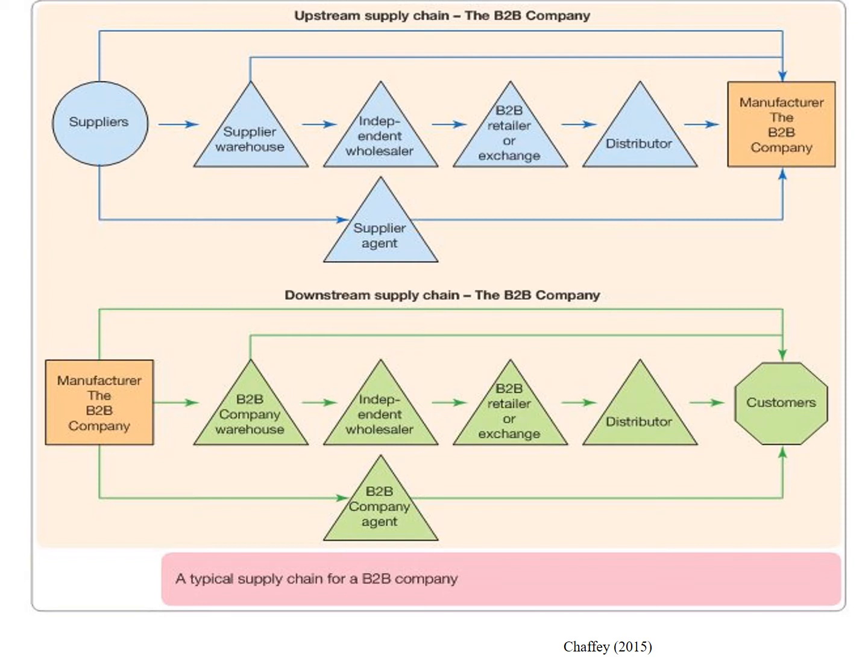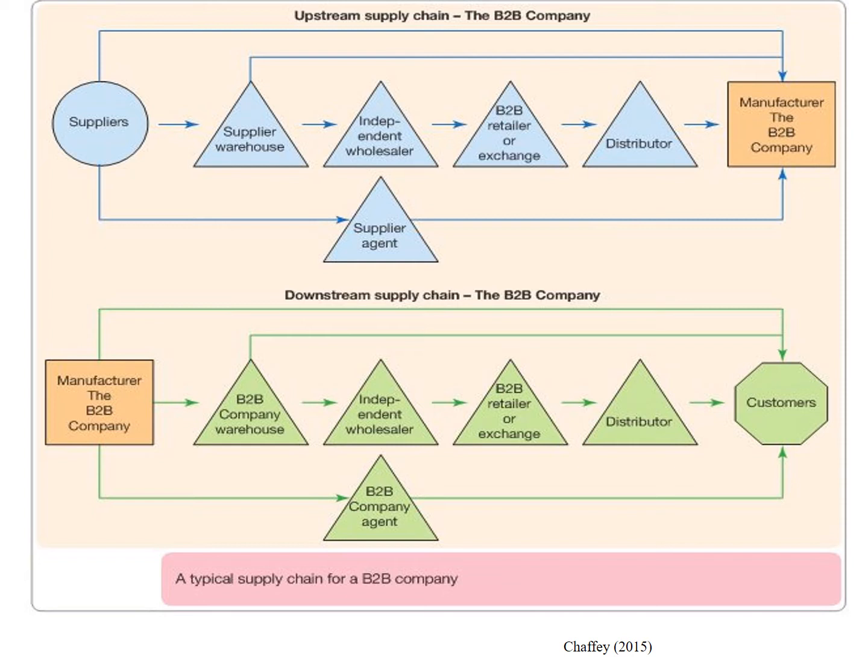So we're saying suppliers, then you might have the supplier's warehouse, then you might have an independent wholesaler who buys from the supplier's warehouse, and then you might have a business to business retailer who might buy from the independent wholesaler, and then to the distributor, and then the manufacturer, the business to business company.